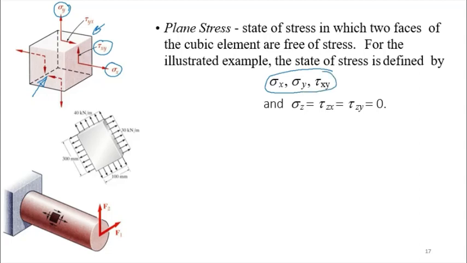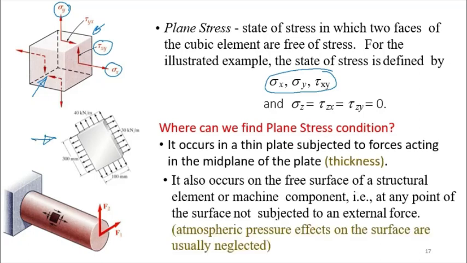So what we then have is we only have three stresses that we need to define, while the other three are 0. Then you might say, is that all for plane stress? Is it just on the surface of an object? There's another plane stress condition, which is the second diagram here, which shows that plane stress also occurs in very thin plates with the forces or stresses acting in the mid plane.